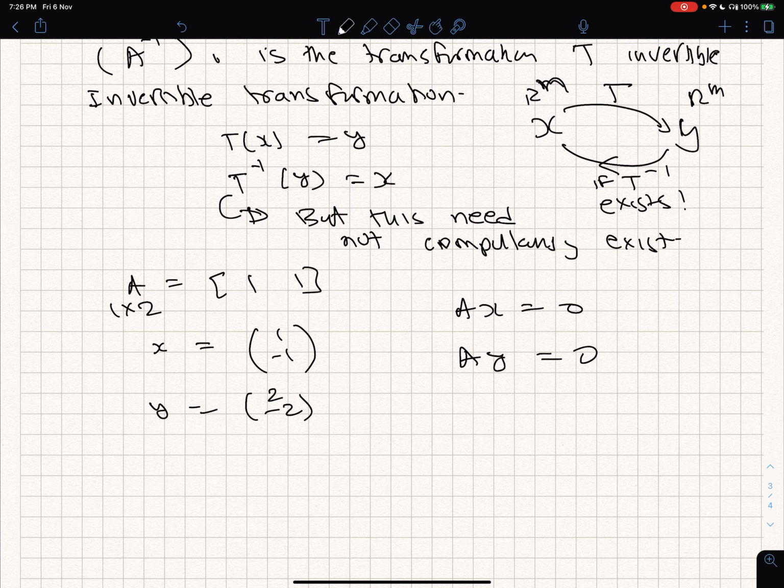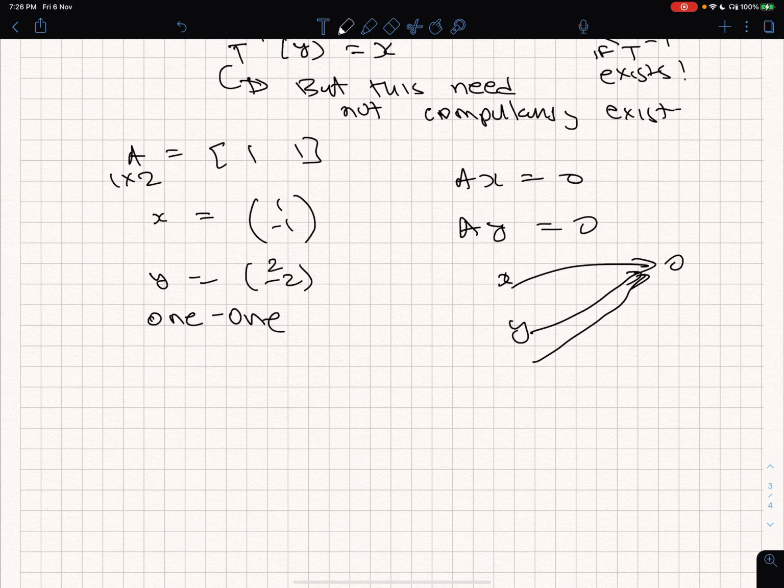So therefore, this transformation is not what you say as one-to-one. Many x, y are going to this particular zero vector here.